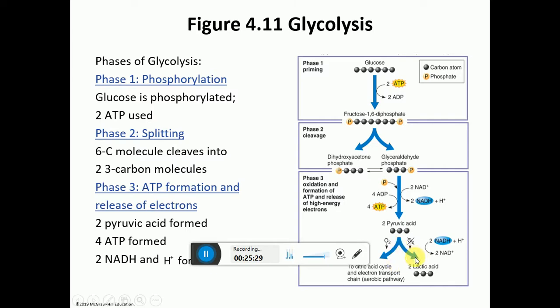If there isn't enough oxygen, that pyruvic acid will change into lactic acid and cause soreness. We're going to learn how the body gets rid of that lactic acid, because it is technically not a poison, but it is a waste product that the body has to get rid of.